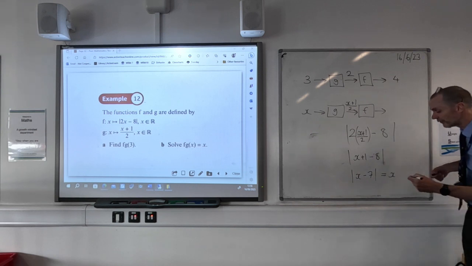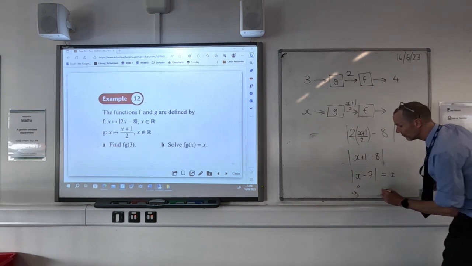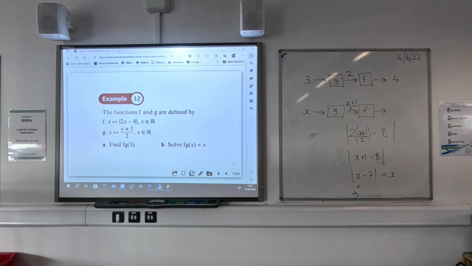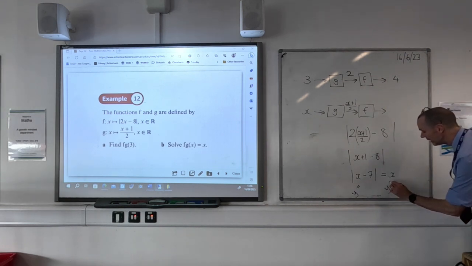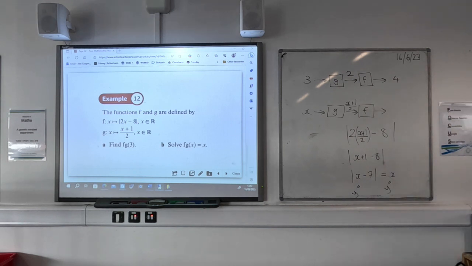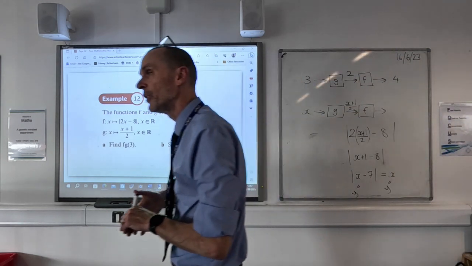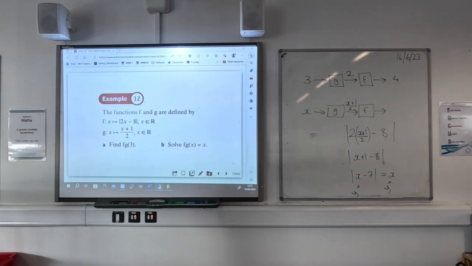So we're going to solve it by sketching y equals the modulus of x minus 7, which I hope you can do really easily now, and y equals x, which I'm also hoping you can sketch the line of. So you might want to grab a whiteboard or in your book, see if you can sketch those 2 lines. Remember, the modulus of x minus 7 will be a bounced one, whereas y equals x isn't modulus, that's not going to bounce. And we're just looking for where the 2 lines cross.